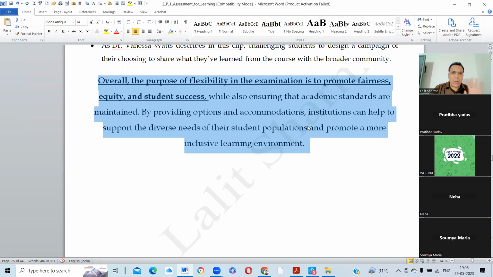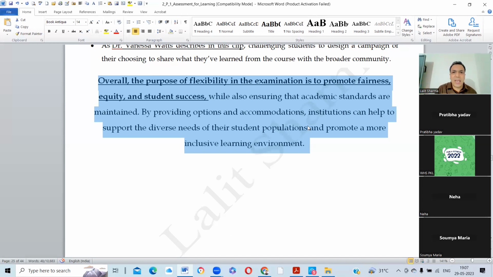Some students need, for example, 100 rupees, another needs 200 rupees, then we have to give 200 rupees to that student, 100 rupees to that student. This is called equity. Okay, and equality means we are giving 100 rupees to every student. So equity means if some students are disabled, some are disadvantaged, and some are slow learners, then guys we have to give 4 hours to those students, not 3 hours.